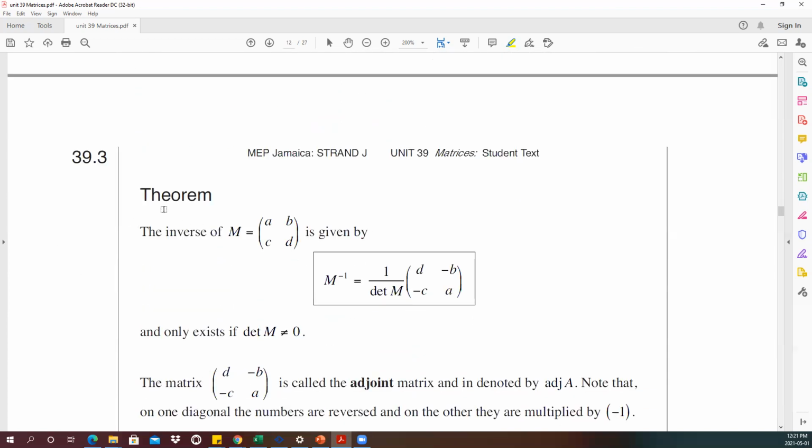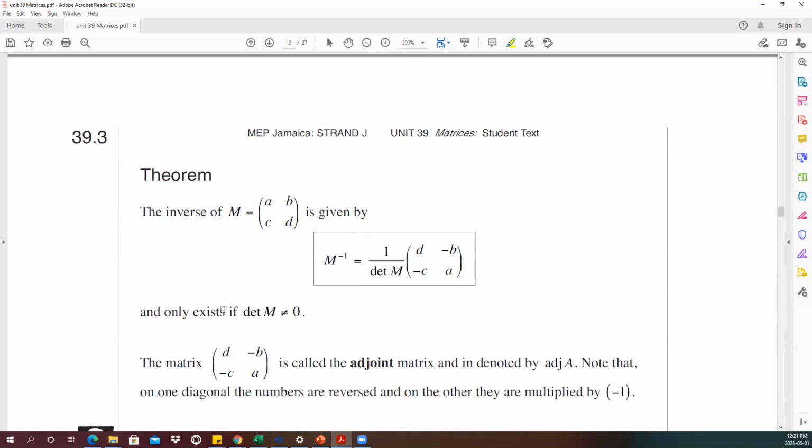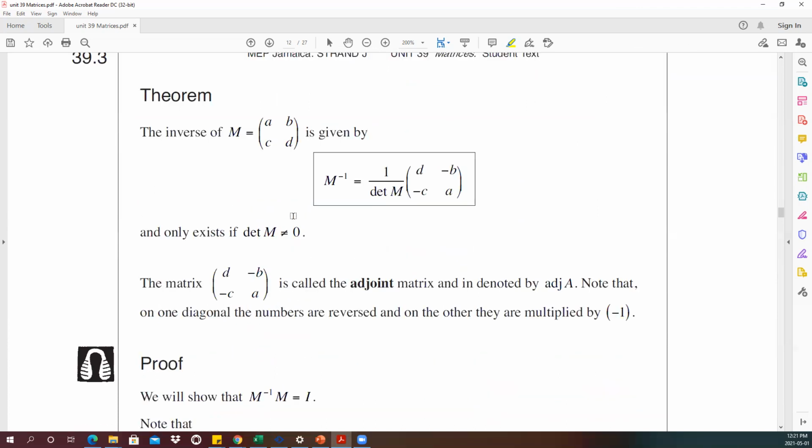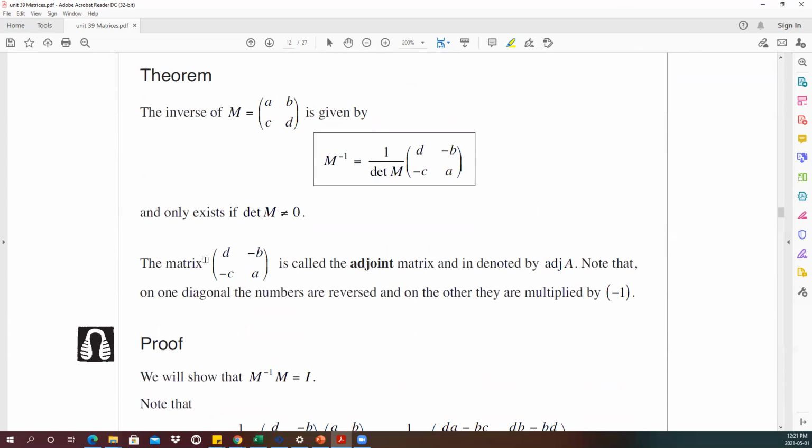So they say the inverse of M is given by so and so, and only exists if the determinant of M is not equal to 0. The matrix with entries D, minus B, minus C, A is called the adjoint.